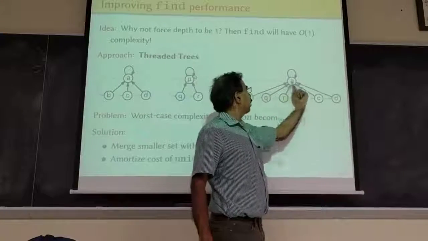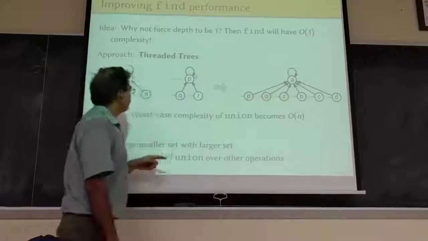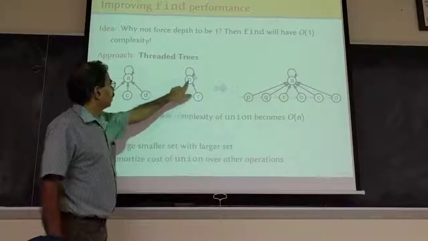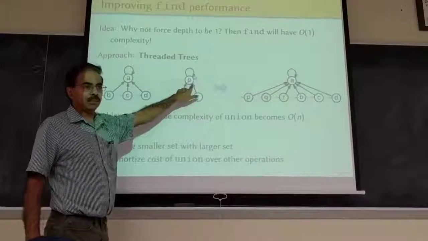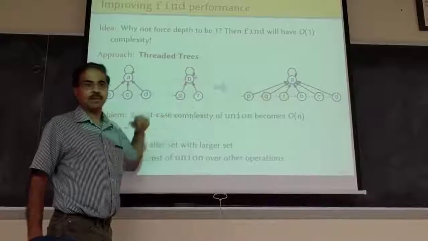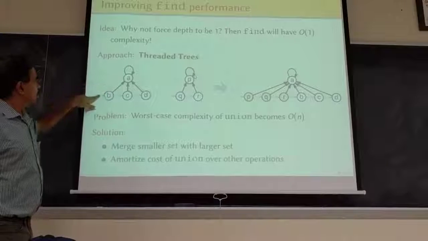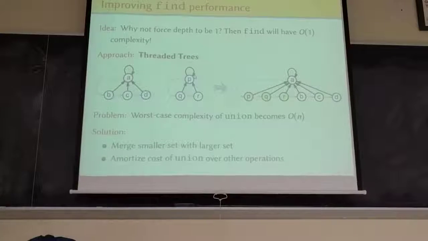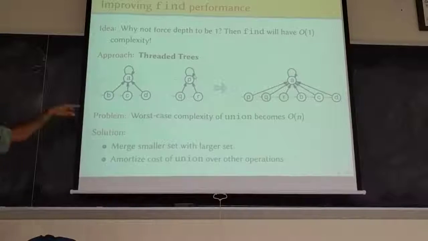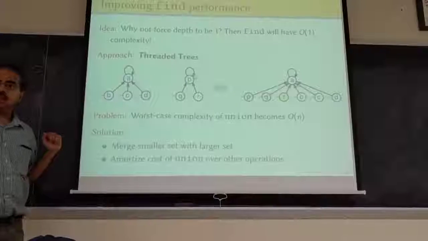But if you had only these back pointers, then there is no way for you to get to Q and R from P, right? If only you had up pointers. So in order to reach all the elements, you keep them as a threaded tree where all the leaves are kept in a linked list.